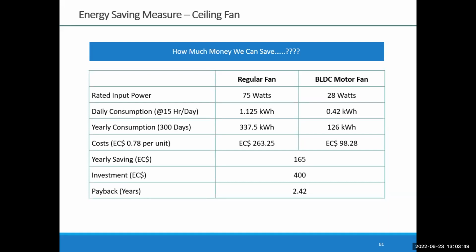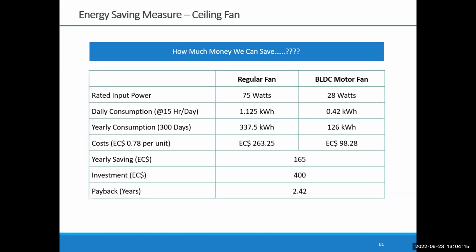Similarly, if you operate it for 300 days per year, then around 337 units of electricity is consumed by the regular fan, and only 126 units by the BLDC fan, which is straight away savings of $165.